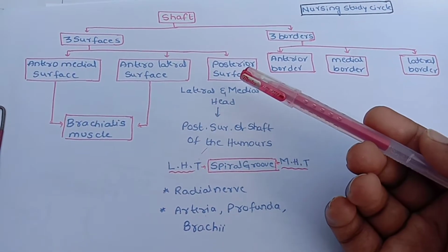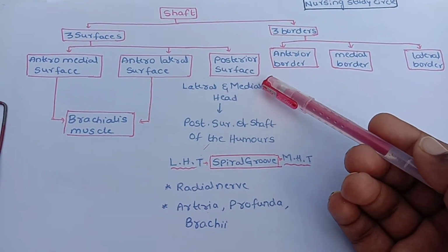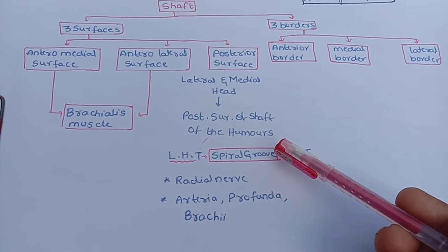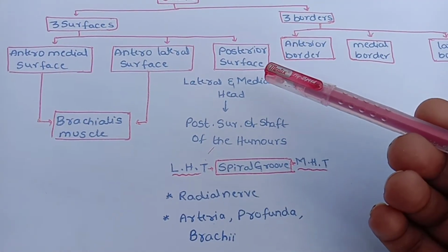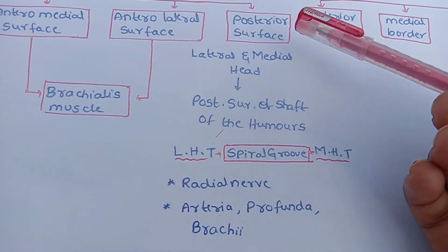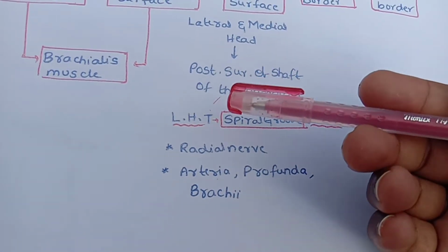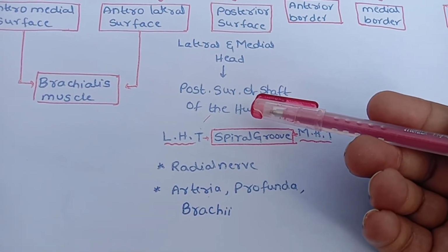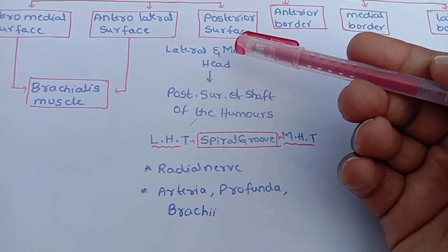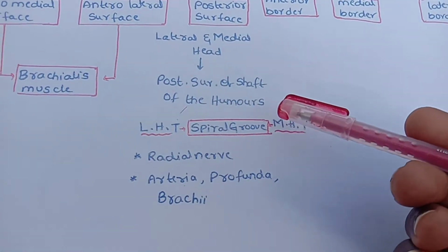On the posterior surface of the shaft of the humerus, the lateral head of the triceps and the medial head of the triceps originate.